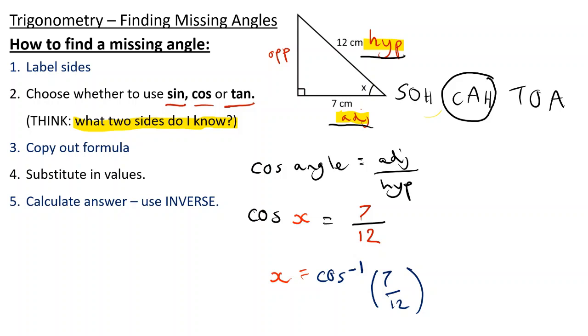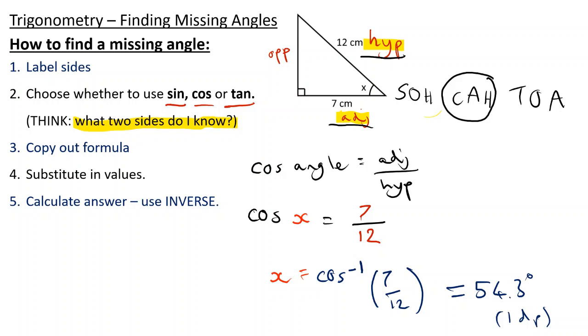Give me just 1 second. So inverse cos, shift cos, 7 over 12 gives me an answer of 54.3 degrees, and that's correct to 1 decimal place. And that's all there is to it.